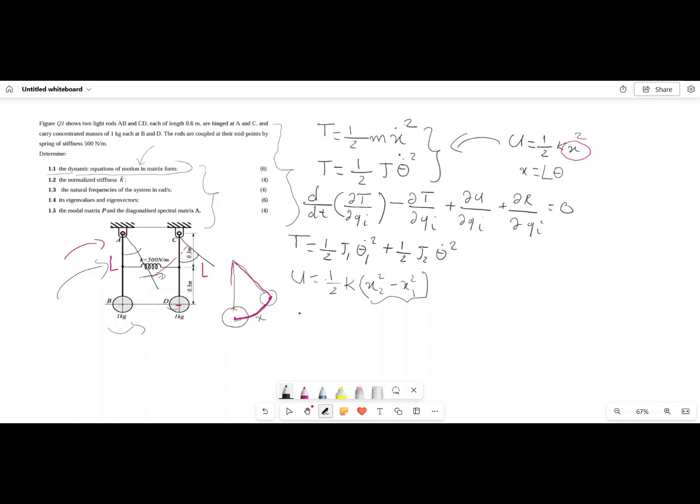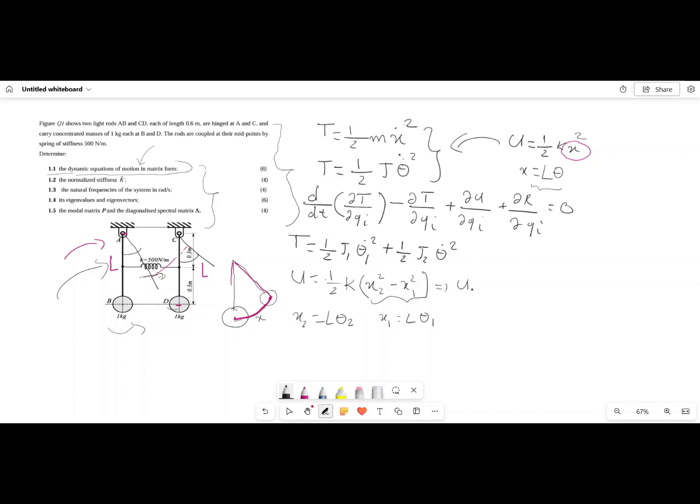Now, to make the difference here, let's say we have x2. x2 will be L theta 2. Remember, this is what I was trying to explain here. x1 will be L theta 1. So we're going to take it and substitute into the formula here.